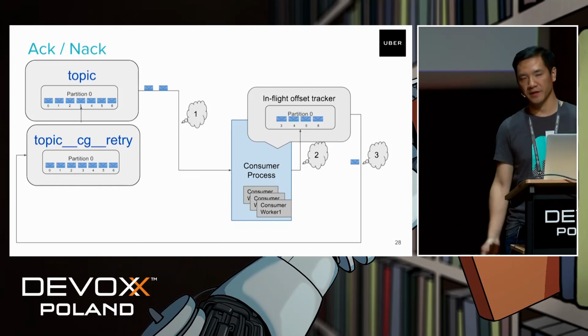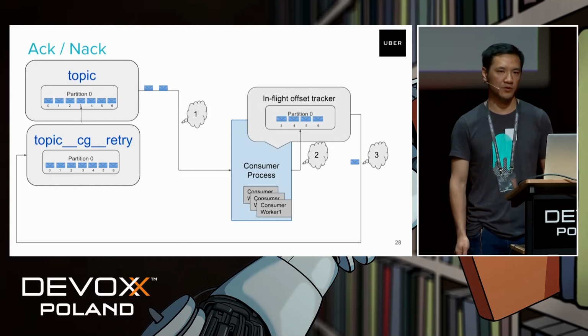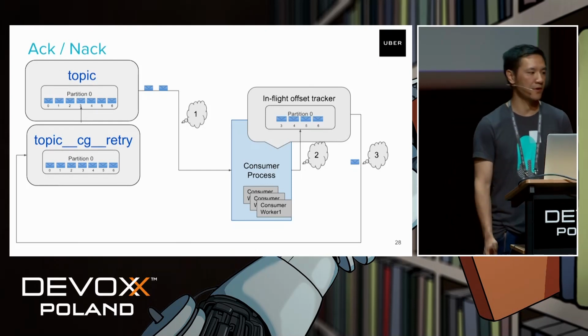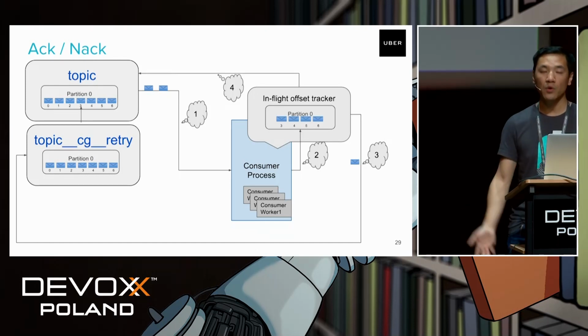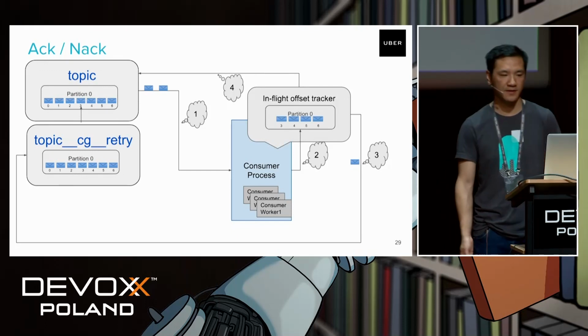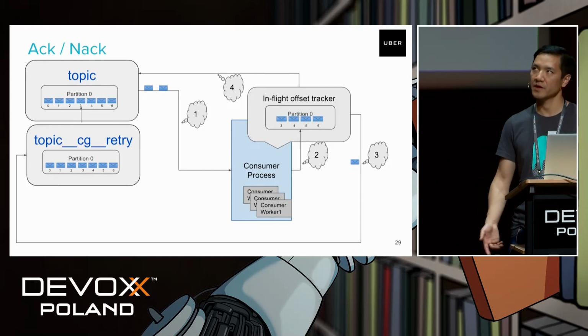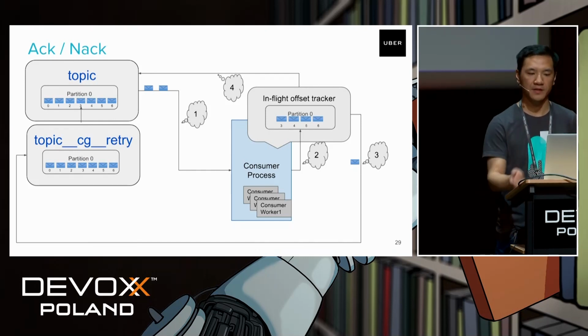This producing will be acks equals all, meaning it guarantees the delivery to the retry topic. Now, the in-flight offset checker can commit offset 6 back to the original topic and continue the processing.